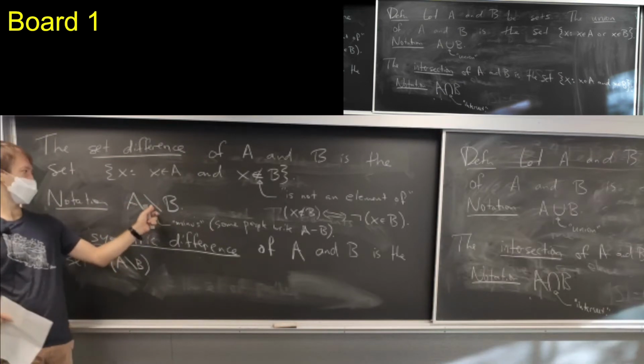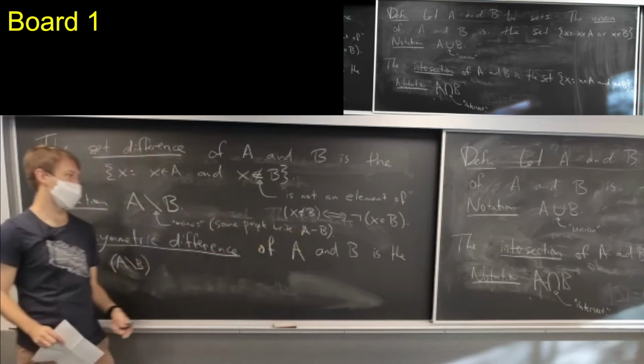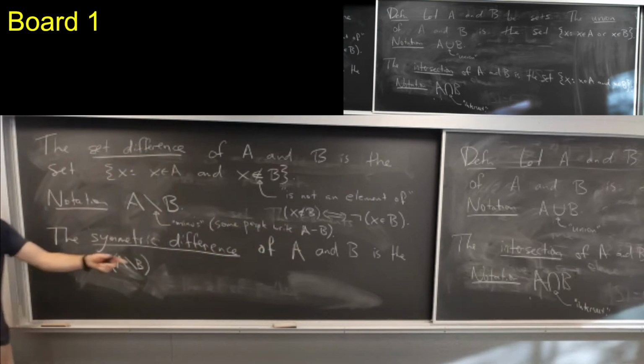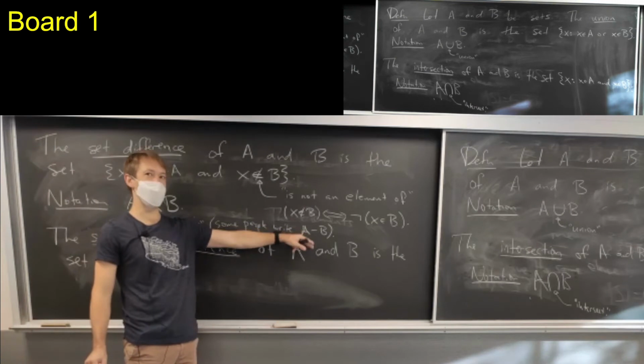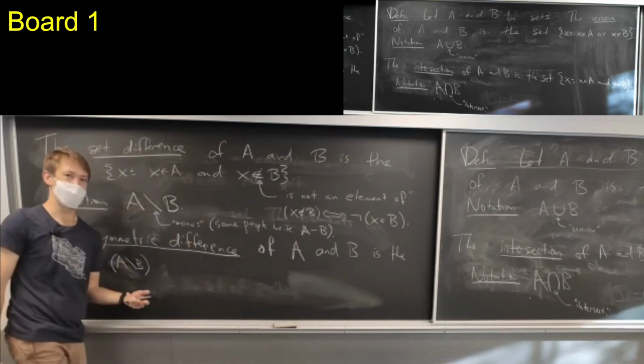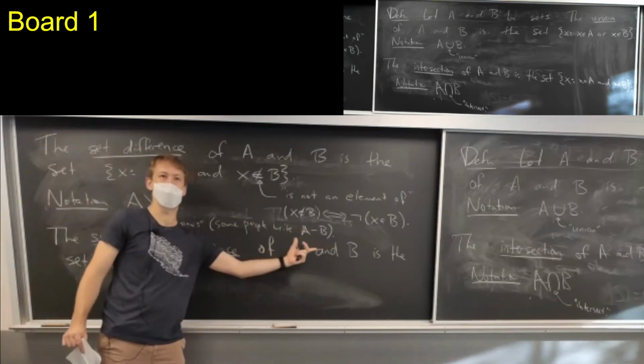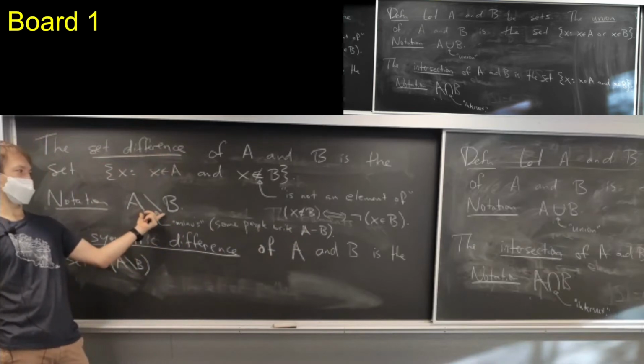So this means the same thing as that. You probably won't see this notation, but I'm writing it in case you Google something and you see A minus B and you're confused. Some people write that for this.